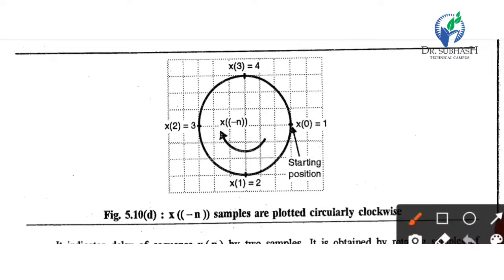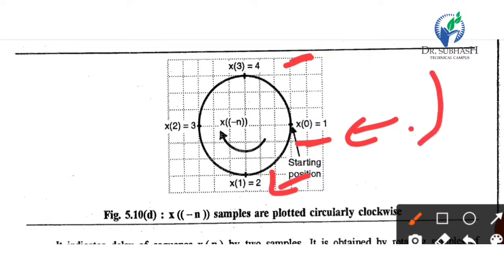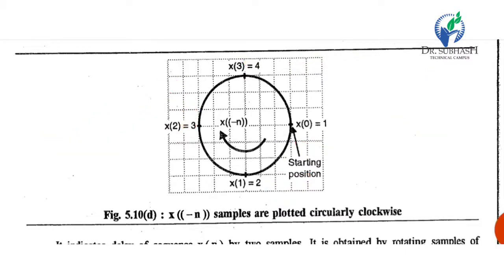I will show you the circular folding. So x of 0 is here, x of 1 is not here, it is here. So in the clockwise direction, x of 0, x of 1, x of 2, x of 3. It is called x of minus n, a folded version.